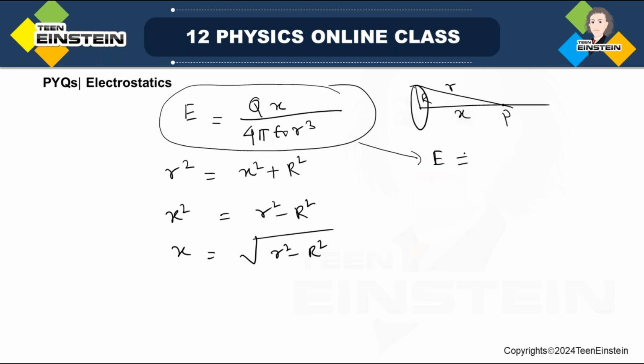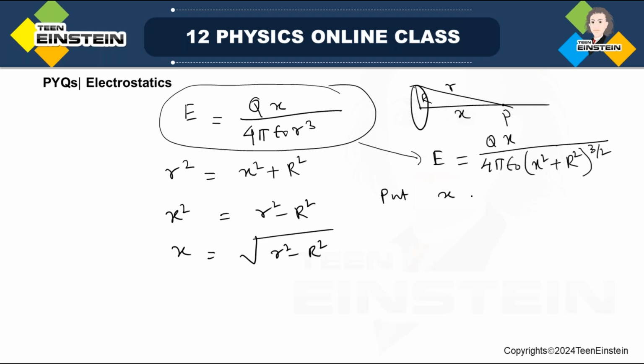Here electric field is qx divided by 4 pi epsilon naught, and r cube means it is x square plus r square whole to the power 3 by 2. Okay, just look at this. Now I'll just put the value of x over here.